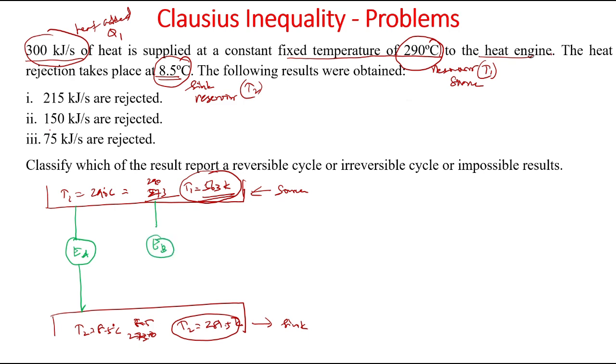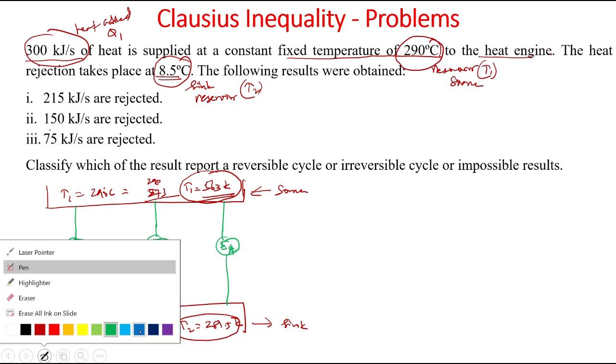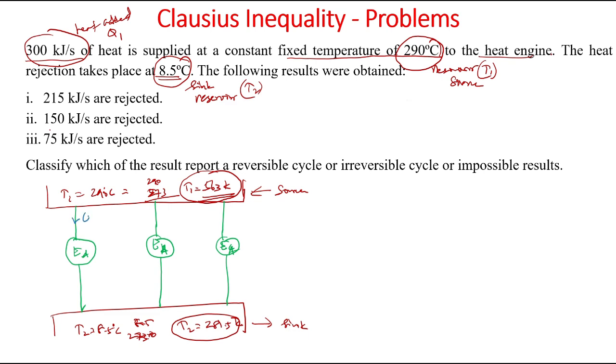Consider condition 1, condition 2, condition 3. Here there is an engine, all are the same engine, but the heat rejection differs. In all three cases, Q1 is equal to 300 kilojoules per second.